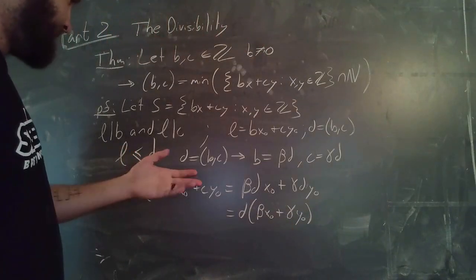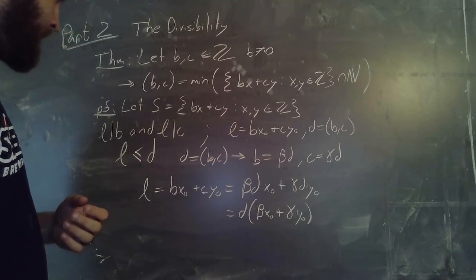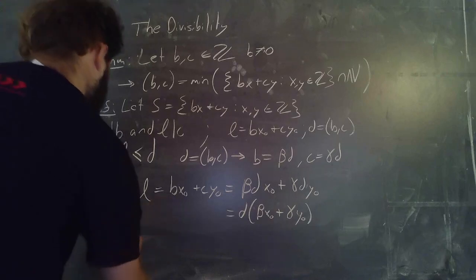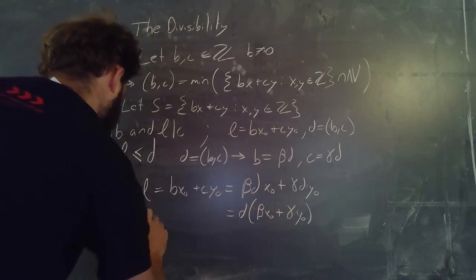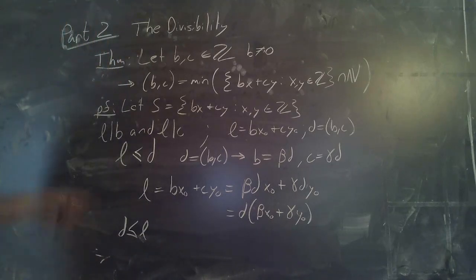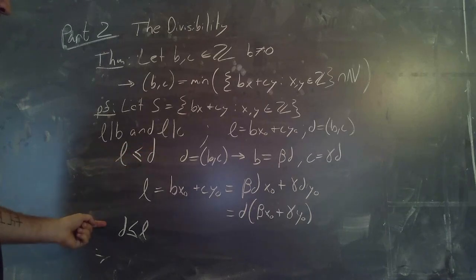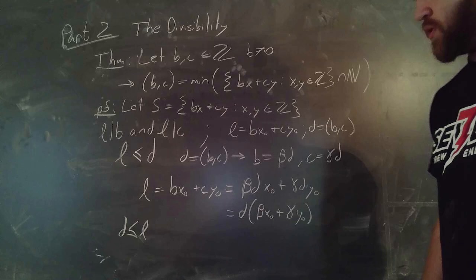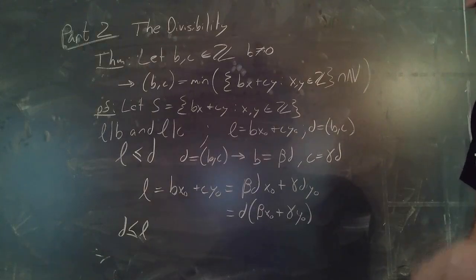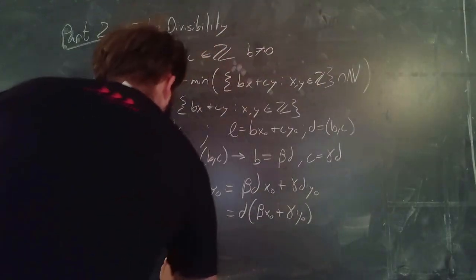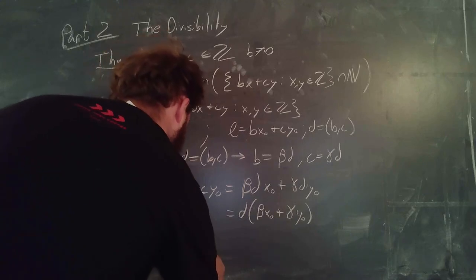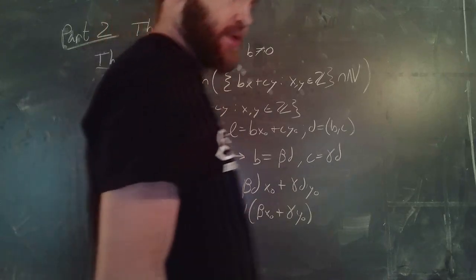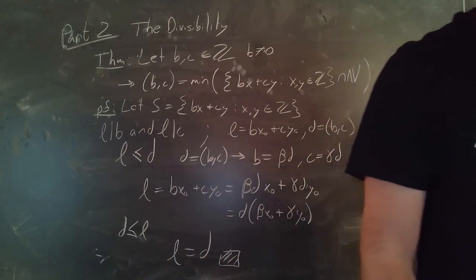Or in other words, d divides L. And recall here that if d divides L, then d must be less than or equal to L. Well, since L must be less than or equal to d and d must be less than or equal to L, we can look back to the previous propositions that say the only way for L to divide d and for d to divide L is for L and d to be the same thing. So we have a divisor, but that divisor must be a greatest common divisor. In other words, L is the greatest common divisor.